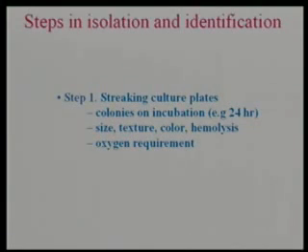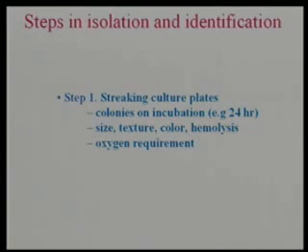In this day and age, I would still say that the culture is still the backbone of the clinical microbiology laboratory. So let's talk about what we do in a regular clinical microbiology laboratory. The first thing you're going to do is you may grow the bugs in some liquid first, but at some point you're going to have these bacteria growing on culture plates.